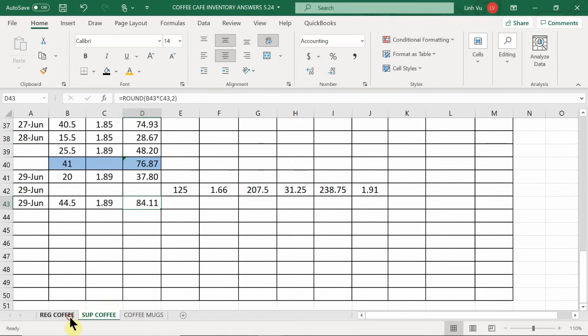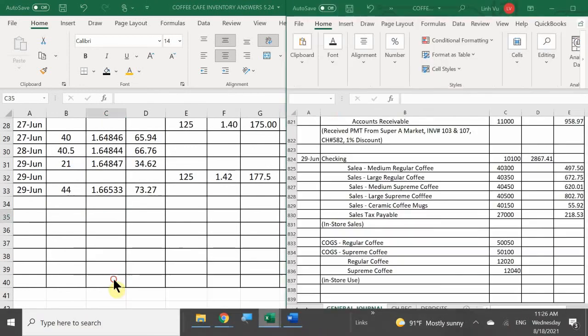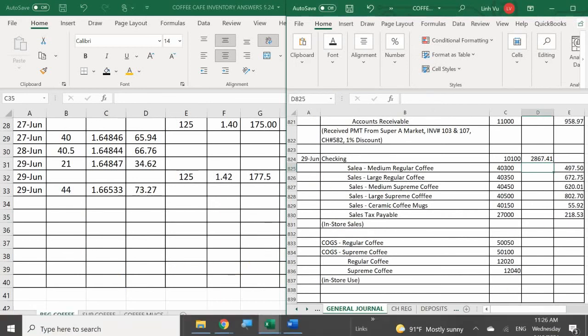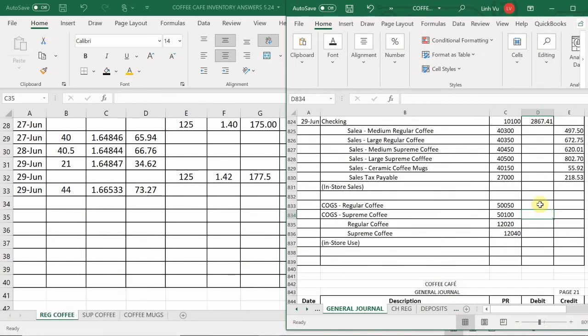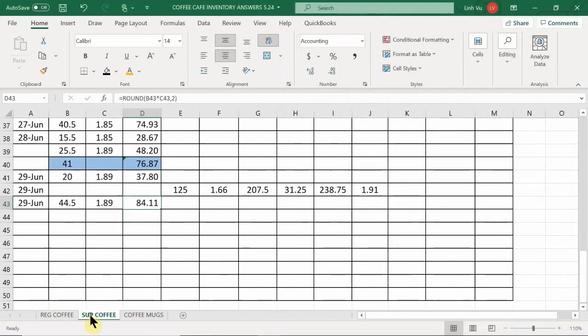All right, so let's plug our numbers into the inventory, into our journal, and update our ledger so we can be done for the day. So for the cost of goods sold, the regular coffee was $73.27. And the Supreme coffee was $84.11.